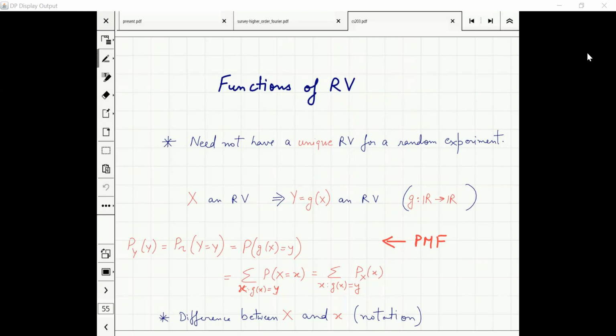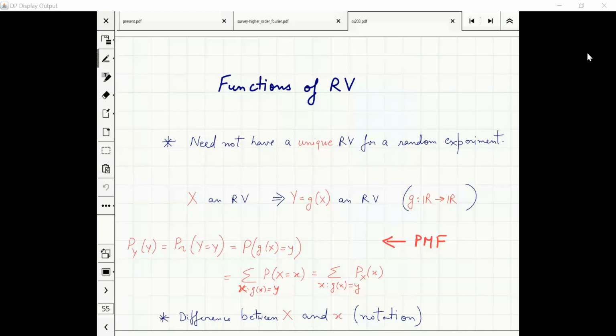It is a function, so it could be infinite, right? Yeah. There are many possibilities, but surprisingly, some people get confused and they think that there is a unique random variable for a random experiment. That's definitely not true. For example, when we are tossing a coin, we can ask number of tails, number of heads, and things like that, right? So definitely there is no unique random variable for a random experiment.